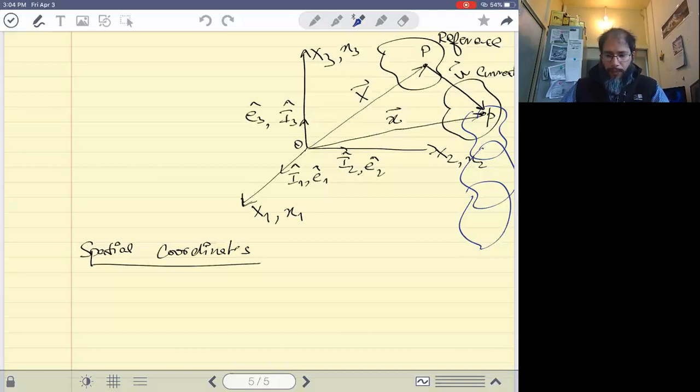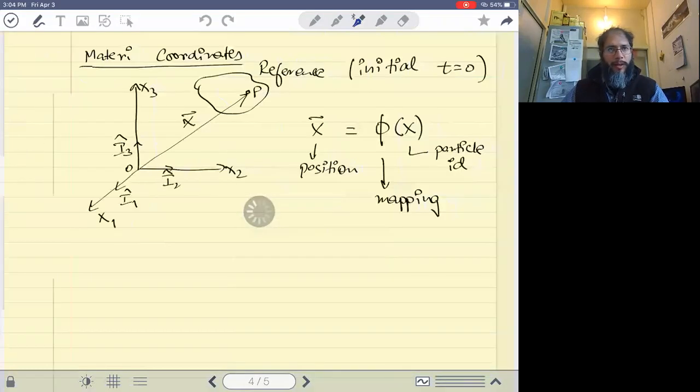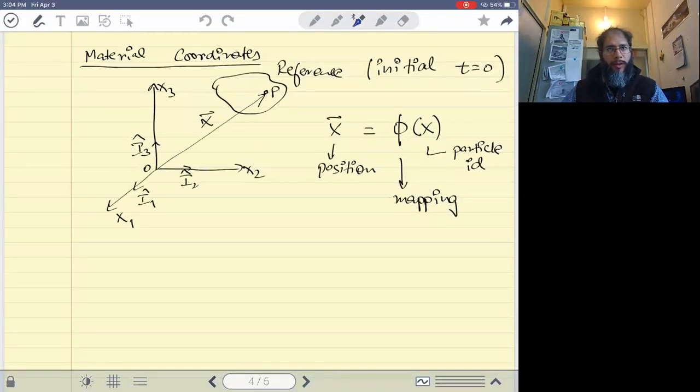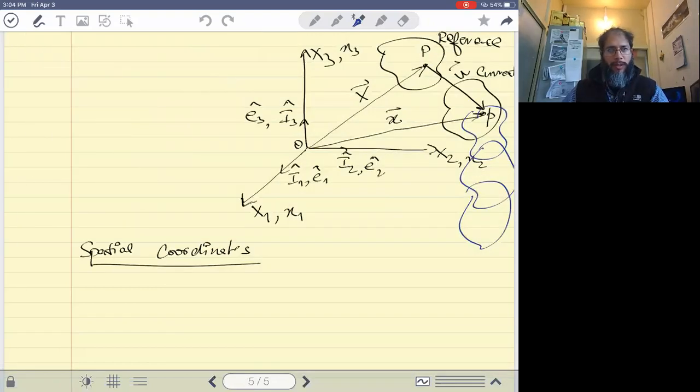So that's the difference between material coordinates, which are the coordinates of points at t equal to 0, and spatial coordinates, which are the coordinates of points in space at other times. If the idea is not clear yet, don't worry, we will reiterate it again and again so that it becomes clear to you.